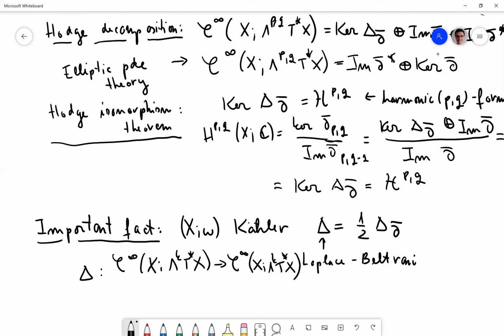So as such, you can complexify it, and you complexify it simply by tensoring with C. So then these are complex valued k-forms.